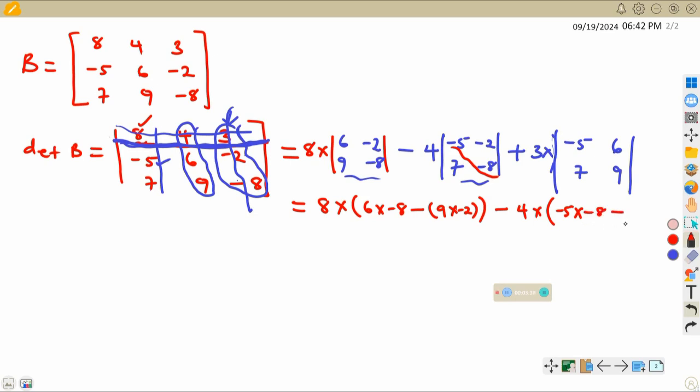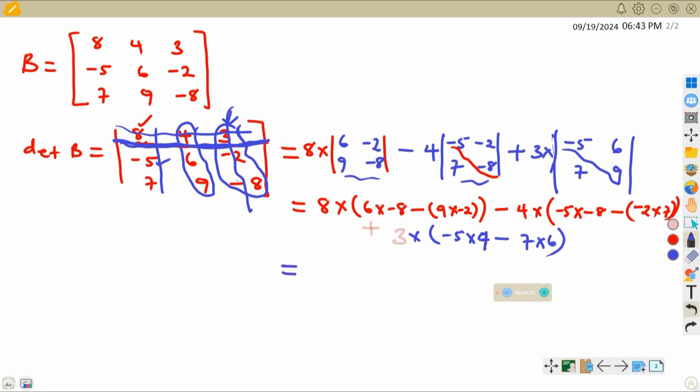Again, subtract negative 2 times 7. Then we shall add 3 times, negative 5 times 9, minus 7 times 6.